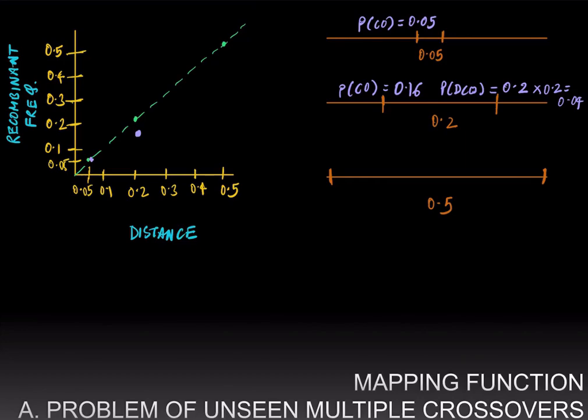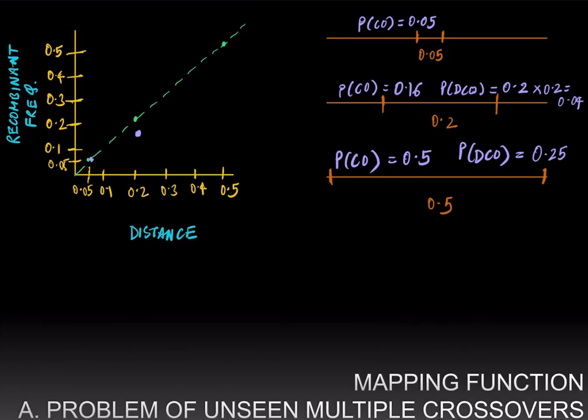We can do a similar exercise for the third pair of genes, where the probability of crossover is 0.5, and the probability of a double crossover is going to be, by the product rule, 0.5 squared, or 0.25.